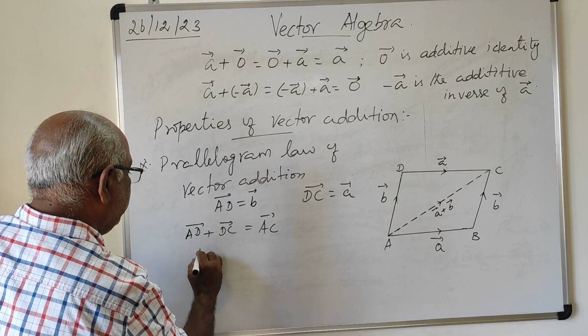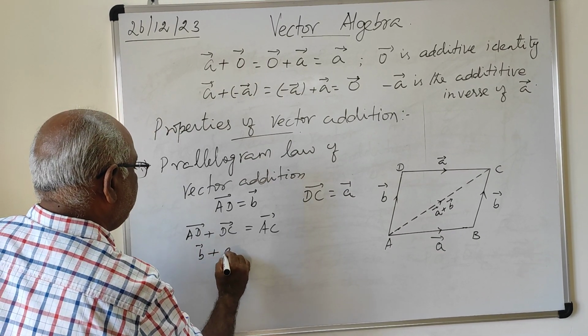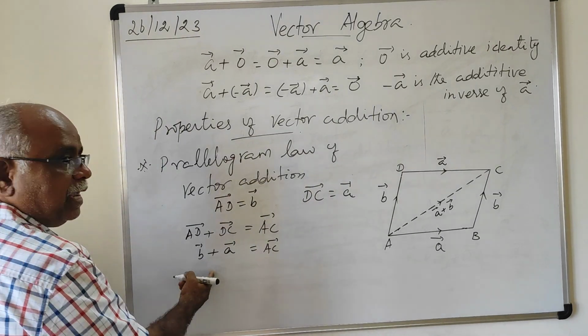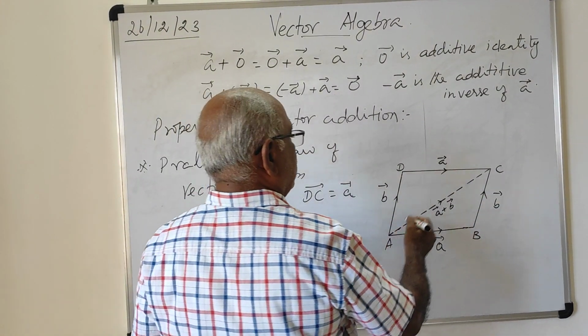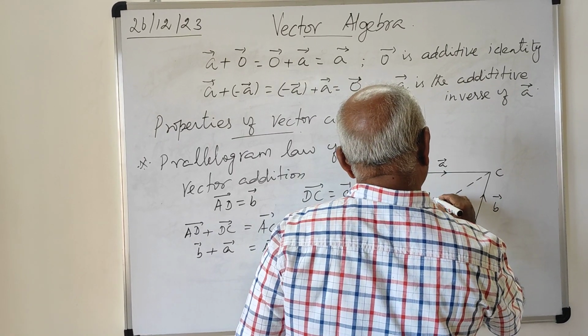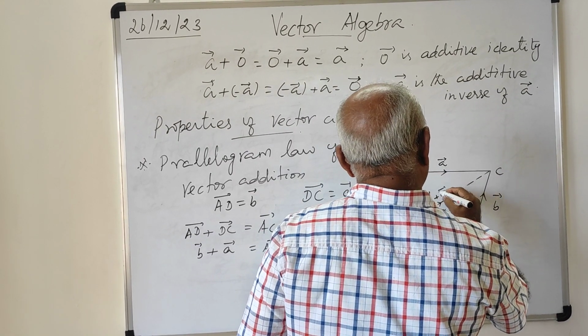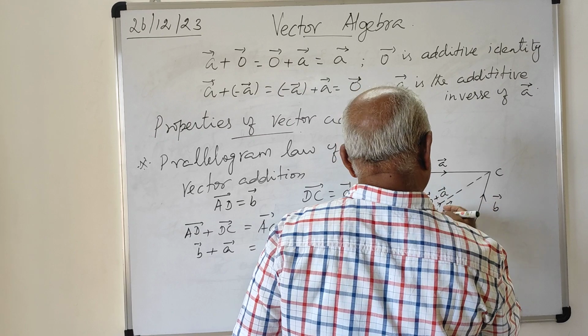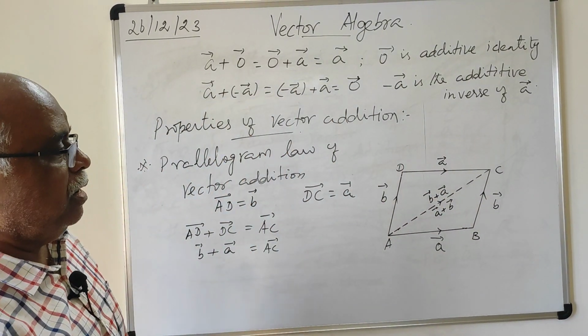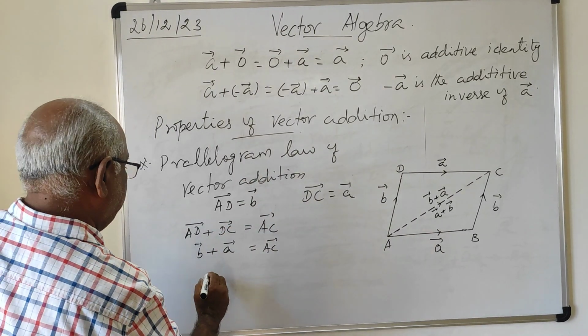AD is B and DC is A. So the same AC vector is again expressed as B plus A. So A plus B is equal to B plus A. By this parallelogram law, we can find one property.